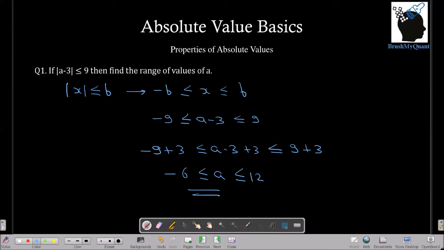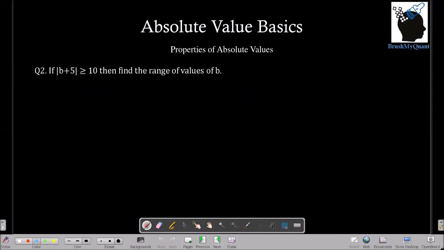Let's try one more. You can pause the video and give it a shot. Okay. So if mod of b plus 5 is greater than or equal to 10, then find the range of values of b. Now this is similar to mod of x is greater than or equal to a, and we know that there can be two solutions where x can be greater than or equal to a or x is less than or equal to minus a.